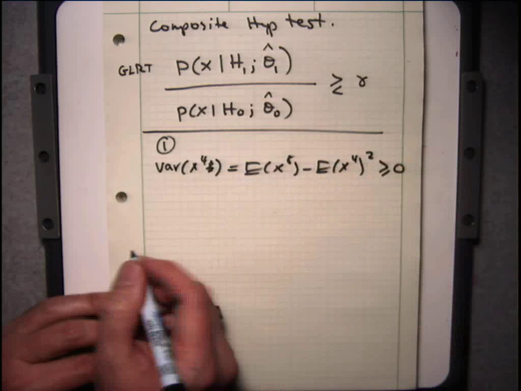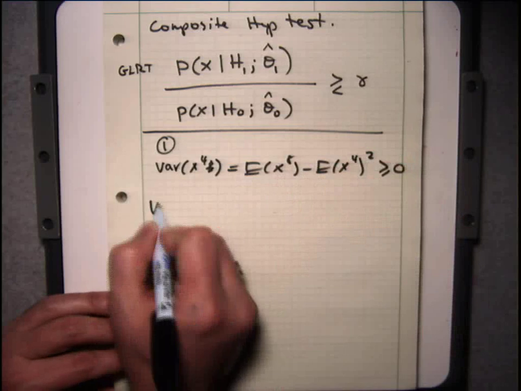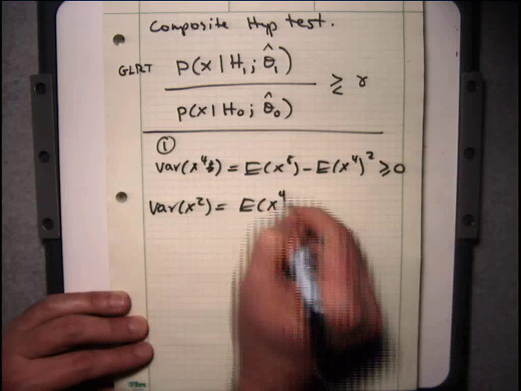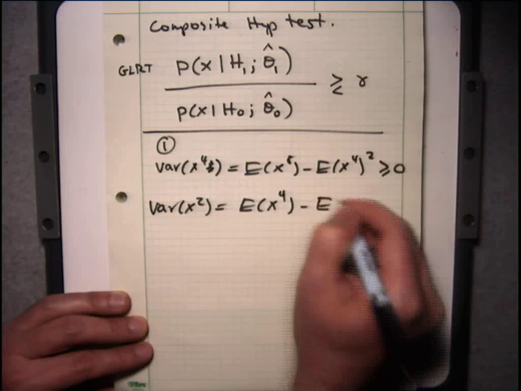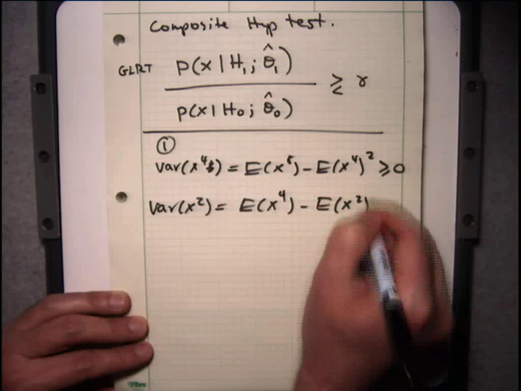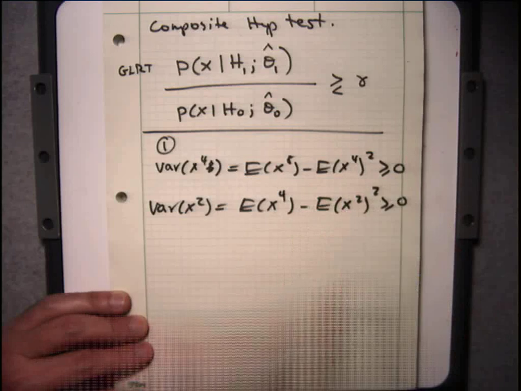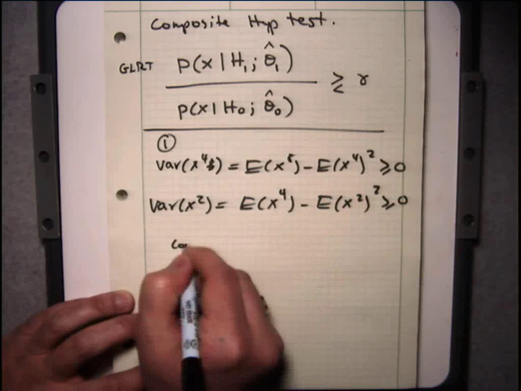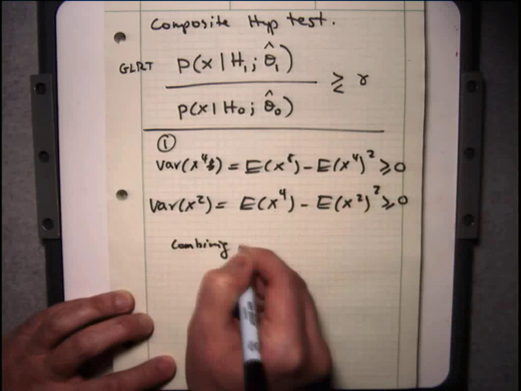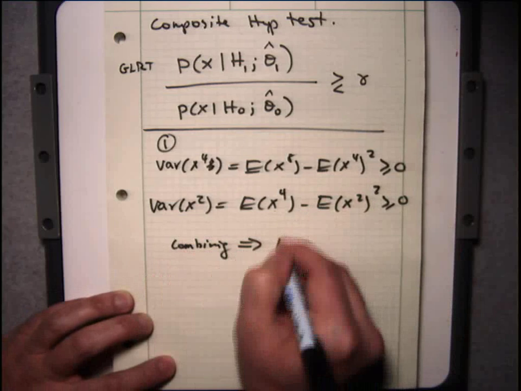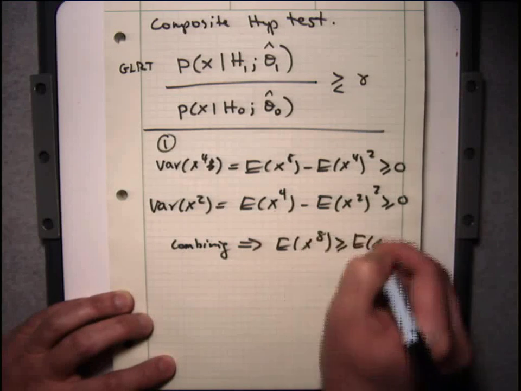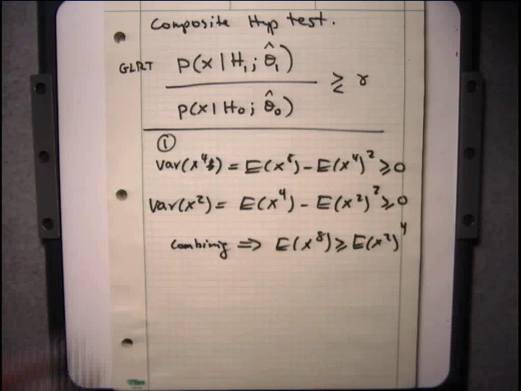And then the variance of x squared is the expected value of x to the 4th minus the expected value of x squared, squared, which is also positive. If you just combine these together, this means that the expected value of x to the 8th is bigger than or equal to the expected value of x squared to the 4th. That's it. Just a little trick.